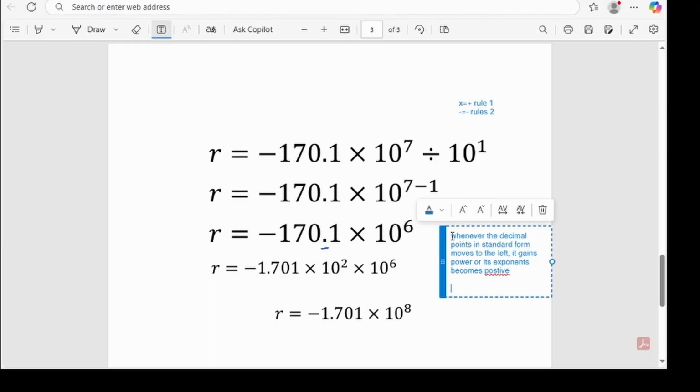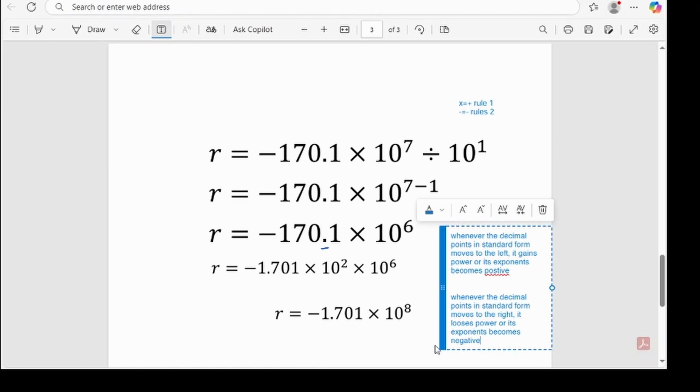In similar vein, whenever the decimal point in standard form moves to the right, it loses power, or its exponent becomes negative.